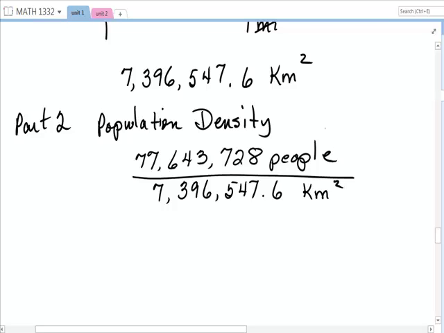Write them down. Now these don't cancel out. It's people per square kilometer. Well, that's fine. That's what I'm supposed to have. So I will do the division with my numbers. 77,643,728 divided by 7,396,547.6.